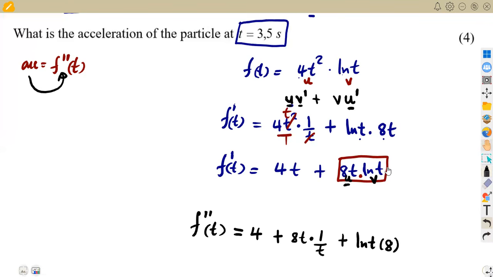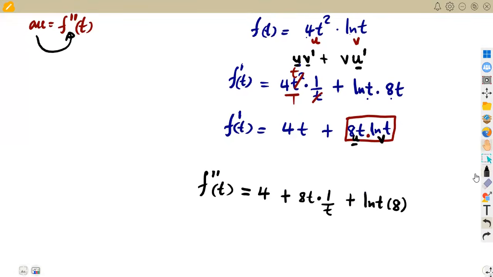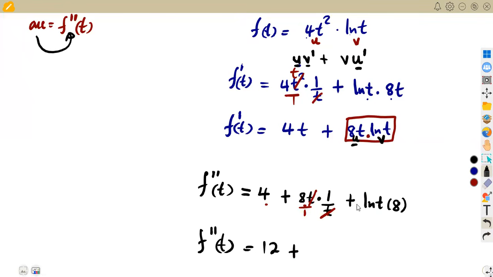All right. So this is our expression, but we can simplify further. This 8, this t and this t can cancel since this is over 1. So we've got 4 plus 8, which is going to give us 12 from our calculator, plus ln t times 8. This is same as 1, so you can multiply 1 and 8, which gives us 8 ln t.